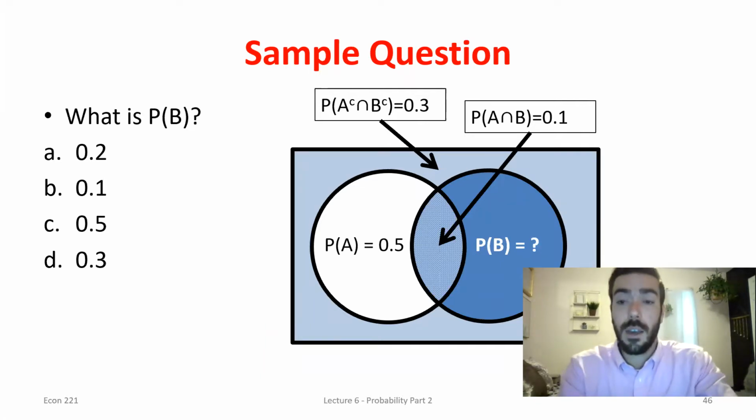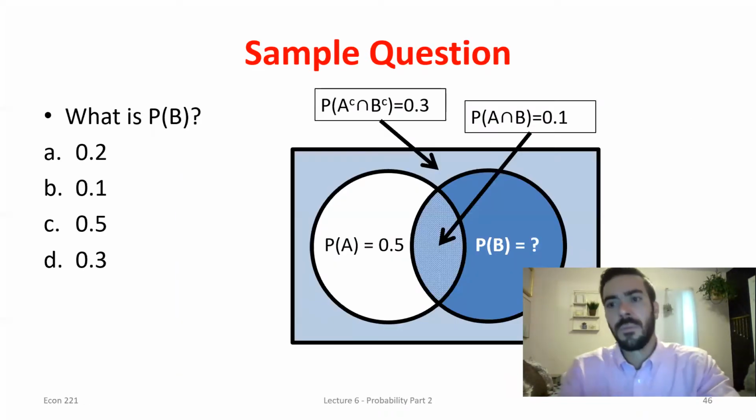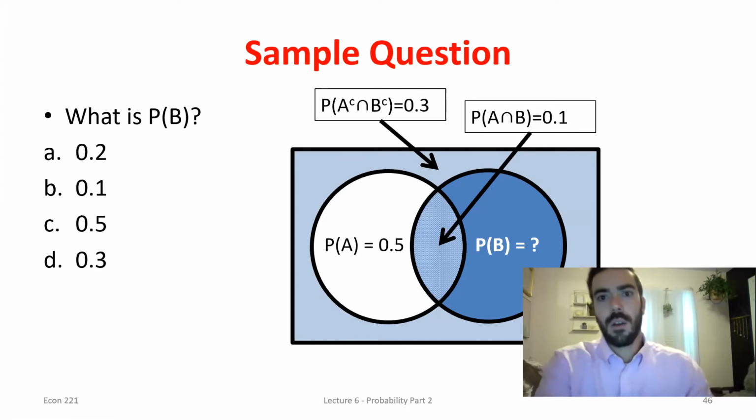So here would be a good problem where we could test that. And we'll go back to the multiplication rule when we start class on Wednesday. If I wanted the probability of B here, how could I find that?